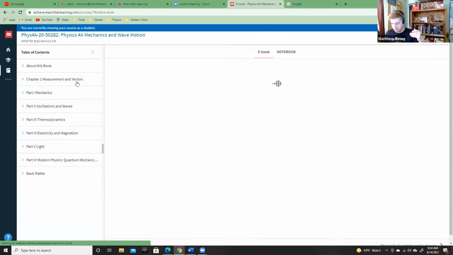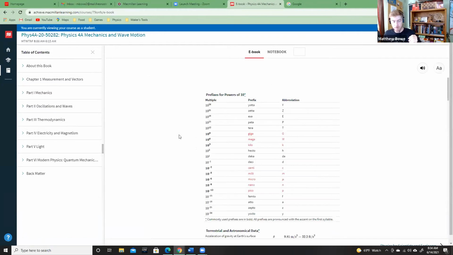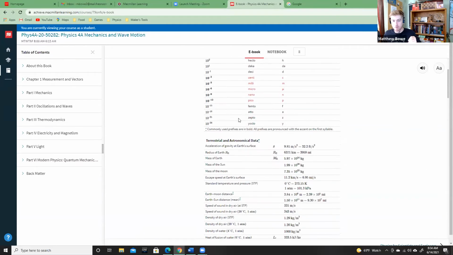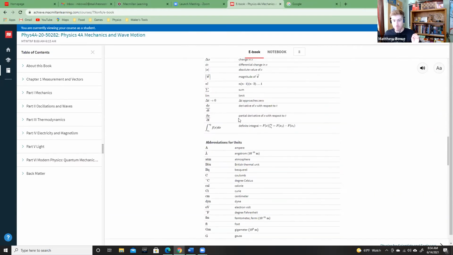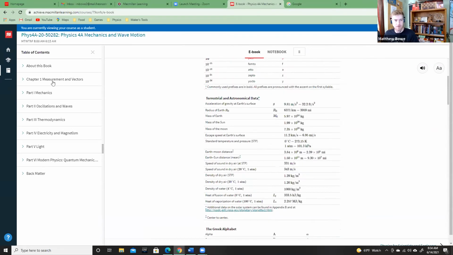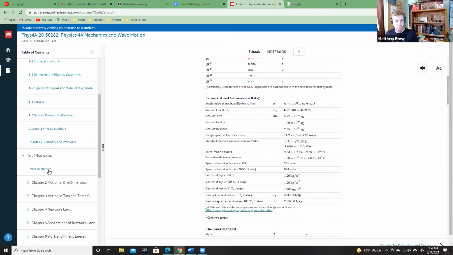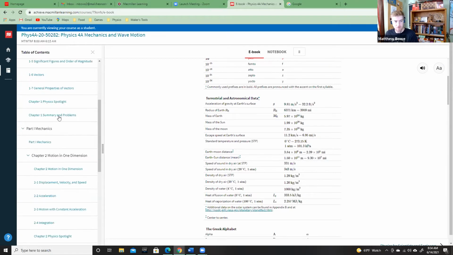You can go chapter by chapter. You can download the ebook to your computer or your phone. I'm getting all of the pop-ups now, but you have full access to the whole thing. Okay. You could click on the chapters, go to a specific unit, chapter 1 or chapter 2. You could maybe get ahead of me this way, but you have full access to the book.